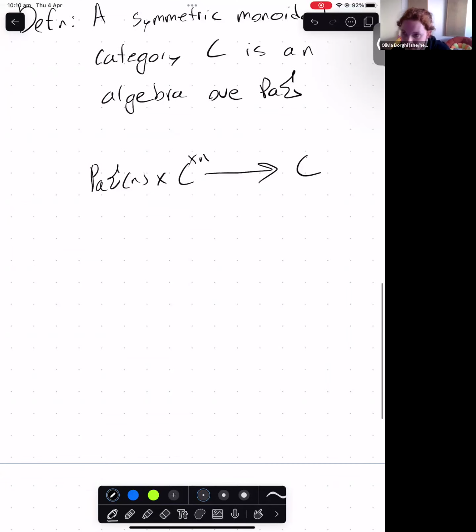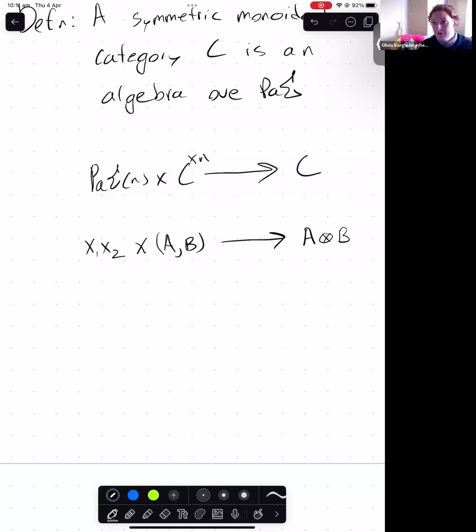And the way that this is giving us what we want is if we look at PA sigma 2, and specifically the element just x1, x2, and then I pick, say, two objects here, A, comma, B. This is going to map down to C, and it's going to point out A tensor B. So if you just take this element x1, x2 in PA sigma 2 and leave the category C part blank, then that defines our functor, our monoidal product functor.